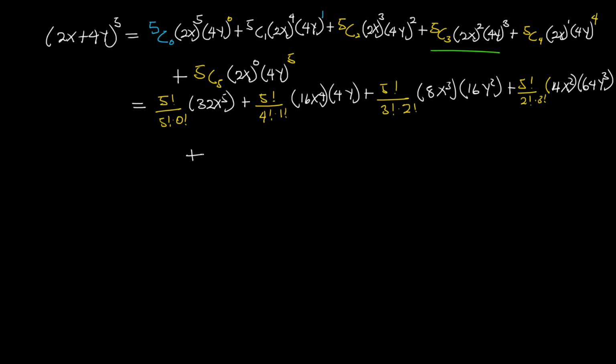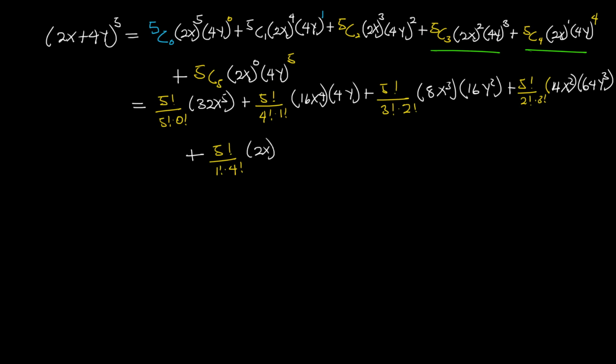We come down here, we have plus, and the next term is this term here. We have 5 factorial over 5 minus 4 is 1 factorial times 4 factorial.